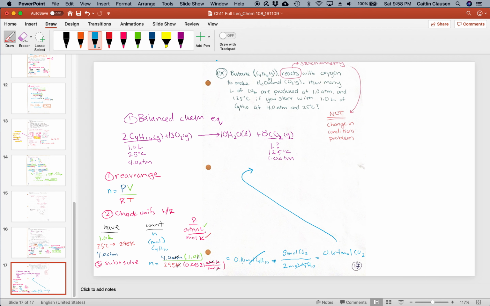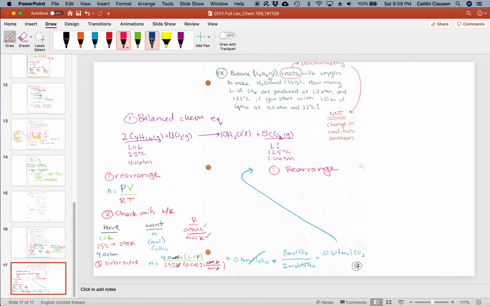Now I'm going from moles to liters. I have to use the ideal gas equation again, but now for CO2. I need to solve it for volume. So I have moles of CO2. I am looking for liters of my product.